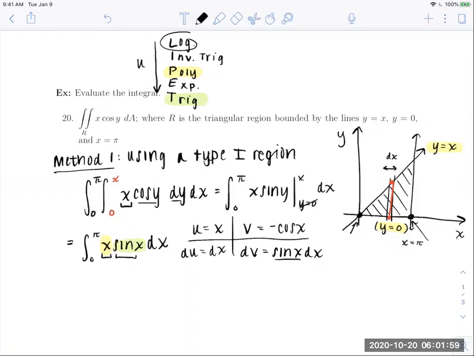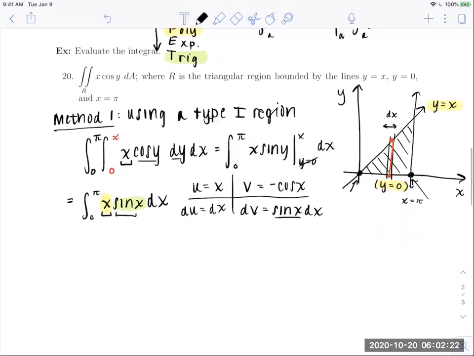And so the integration by parts formula, in case you forgot, is the integral of u dv is uv minus the integral of v du. All right, and then if we have limits of integration here from a to b, they still carry on here in your integration by parts formula.